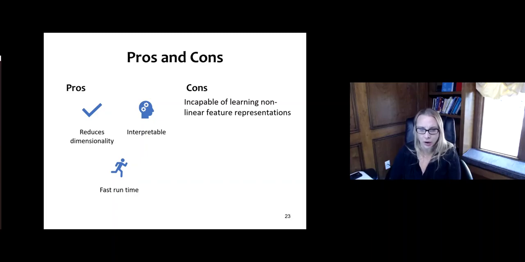And so as we mentioned earlier, you can create principal components very fast and it runs very quickly, which makes it very easy to implement. But one of the downsides of it is that it's incapable of learning nonlinear feature representations. So if your data are not linearly related in some way, then principal component analysis may not be the best choice for your particular project.